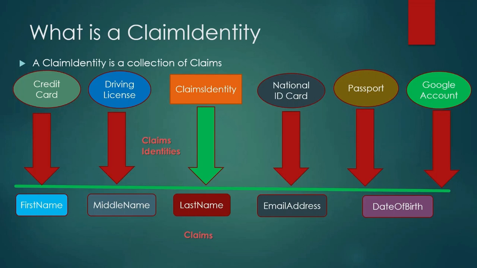So you can see the credit card, driving license, national ID card, passport, and Google account are claims identities. Each of them is a collection of claims. The driving license can have the first name, middle name, and last name. The passport can have the first name, middle name, last name, date of birth. Your Google account can have the first name, middle name, last name, and the email address. Those are a collection of claims.